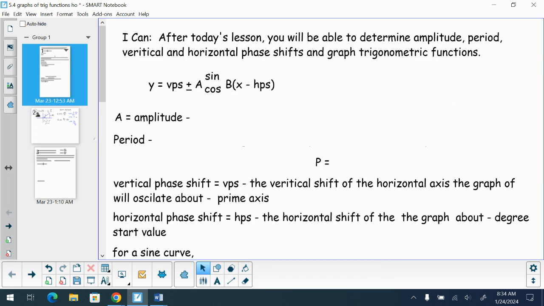All right, today we're going to start working with our graphs. We'll spend a couple days on graphing. Once again, there should be familiarity to this.